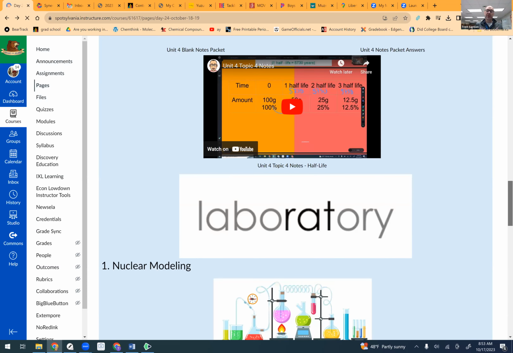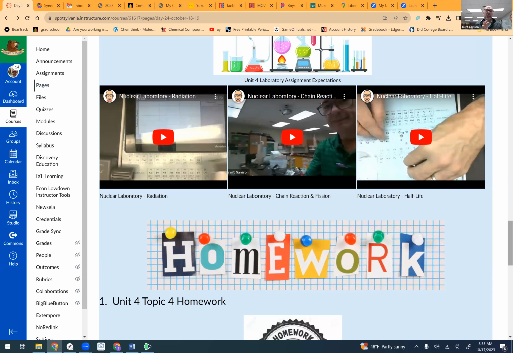Now, here is where you are going to need to ask the substitute for some materials for you to participate. One of them is over here, the half-life lab. In the half-life lab, you are going to need to ask your substitute for the little containers that have the googly eyes, so that you can do the half-life activity with me in the video that you see right here on the right.